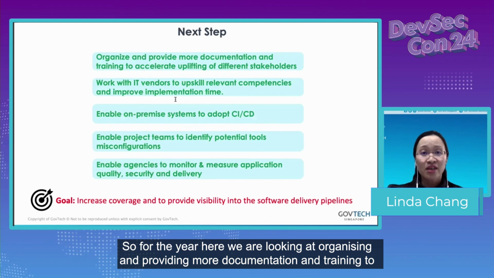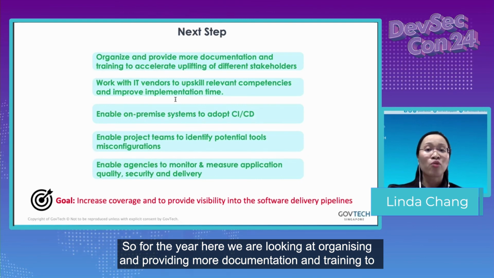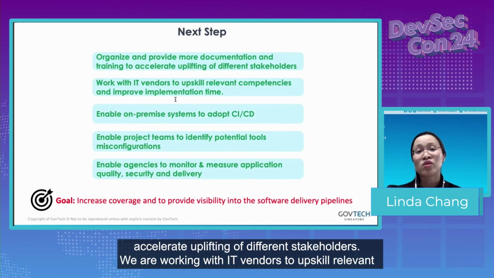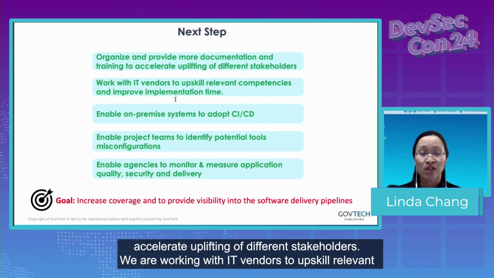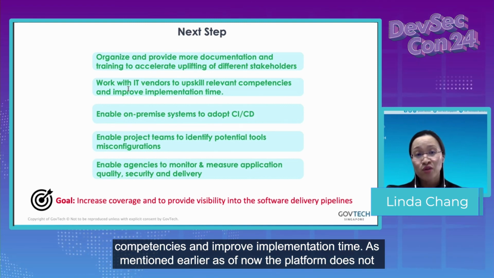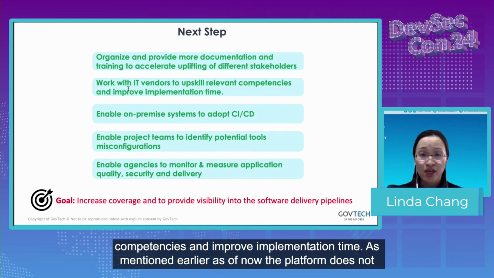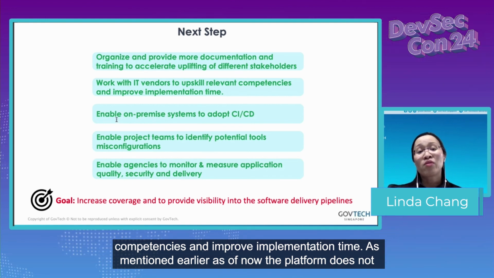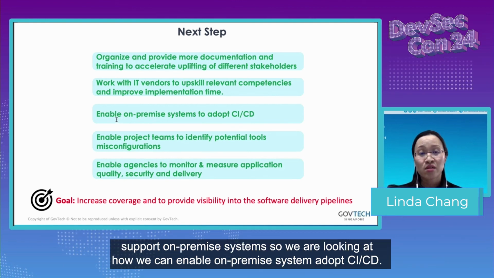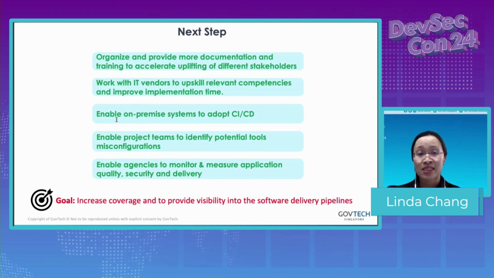For the year ahead, we are looking at organizing and providing more documentation and training to accelerate the uplifting of different stakeholders. We are working with IT vendors to upskill relevant competencies and improve implementation time. As mentioned earlier, as of now, the platform does not support on-premise systems, so we are looking at how we can enable on-premise systems to adopt CI/CD.